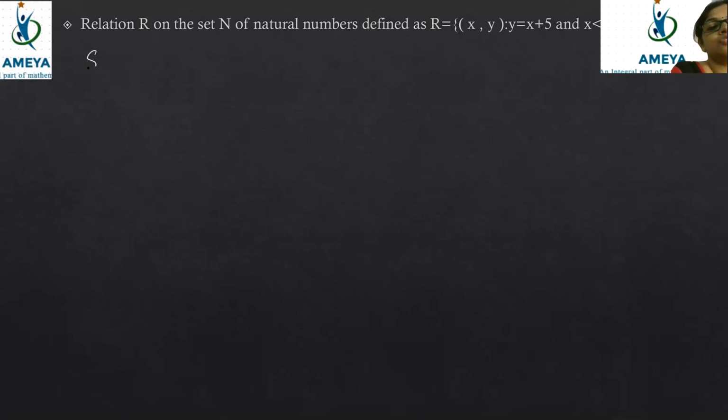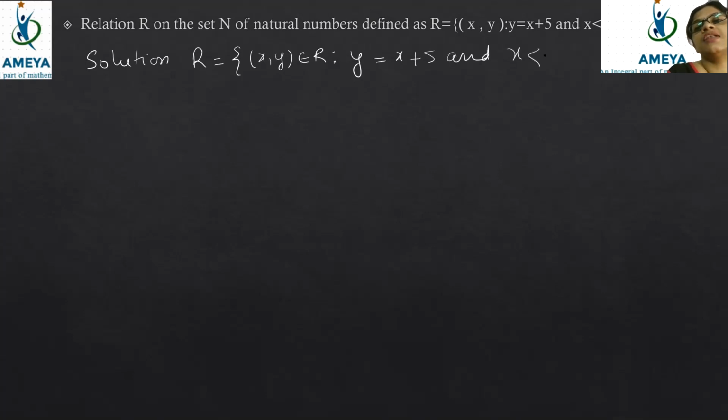First we will see the relation itself. The relation given is that (x, y) is any element which is belonging to R such that y equals x plus 5 and x is less than or equal to 4.